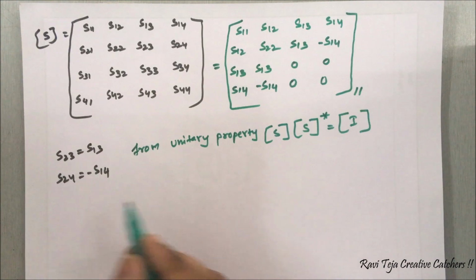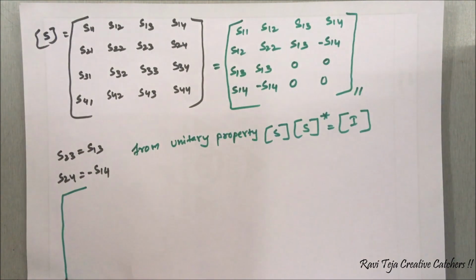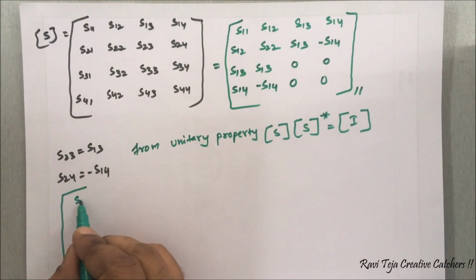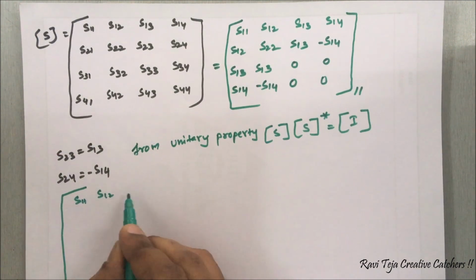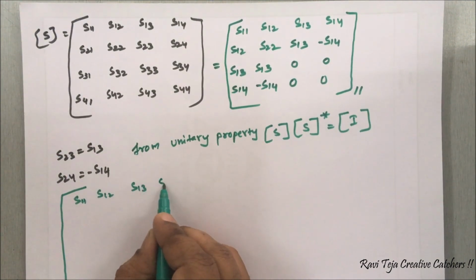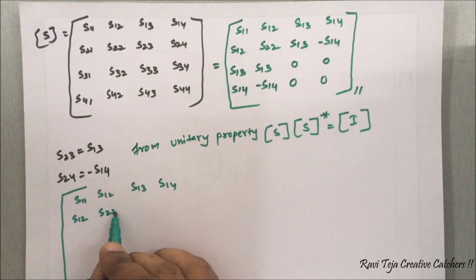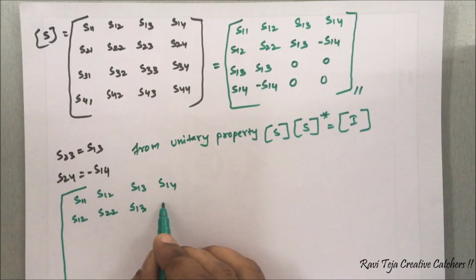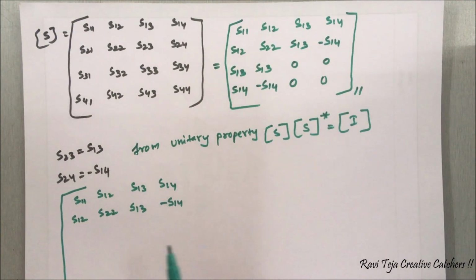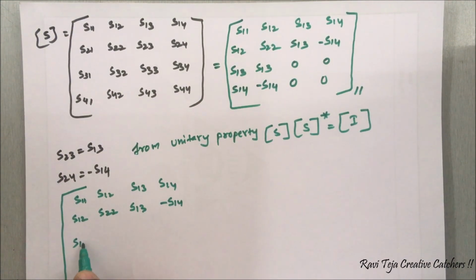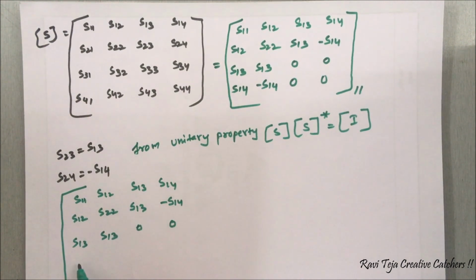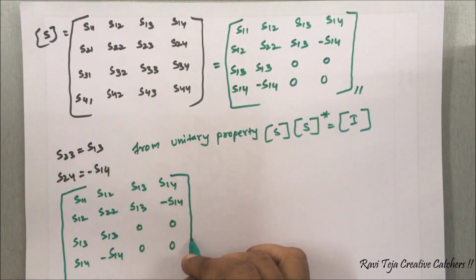So S is nothing but S11, S12, S13, S14; S12, S22, S13, minus S14; S13, S13, 0, 0; S14, minus S14, 0, 0. This is S, right?